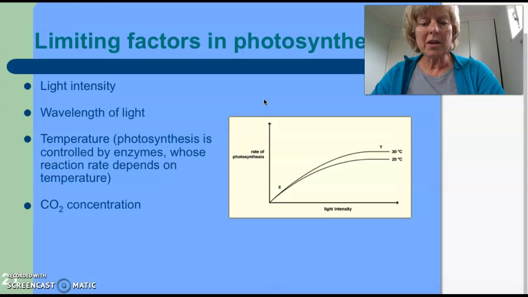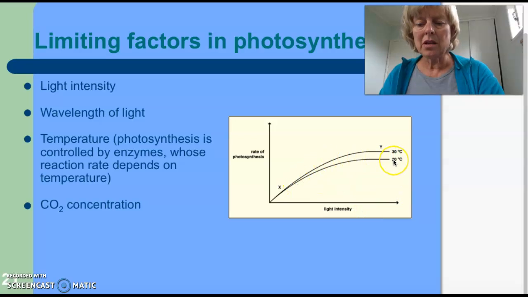So in summary, the limiting factors in photosynthesis are light intensity, the wavelength of the light, the temperature, and the carbon dioxide concentration. So as you can see here in this diagram, this is the rate of photosynthesis going up with light intensity.